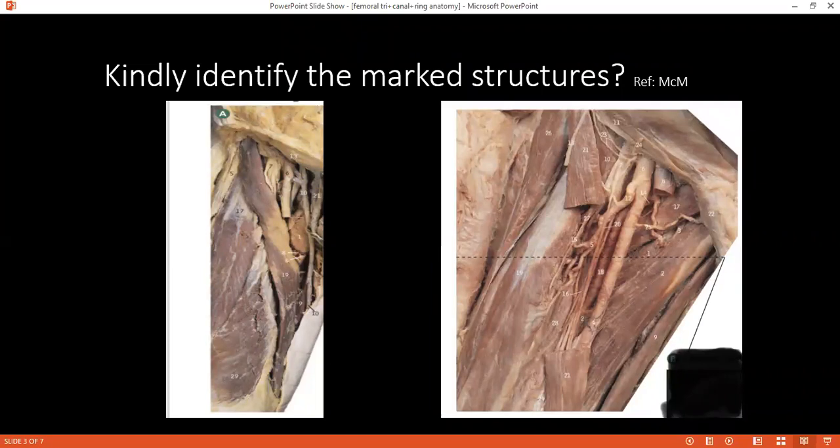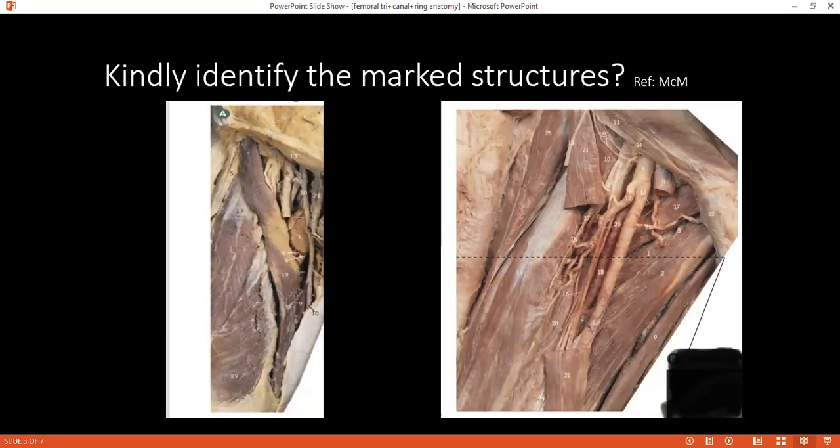Can you please identify this structure? The Sartorius. All right. Can you please tell me the attachment of the Sartorius? Sartorius originates from the anterosuprailiac spine, and it is inserted into the upper part of the medial surface of the tibia.